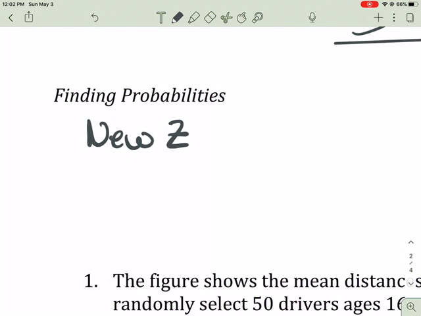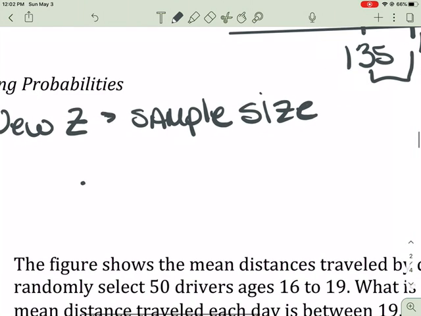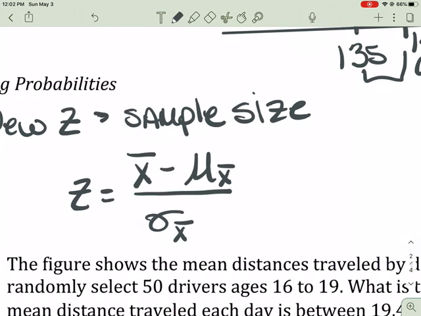So we get a new z, because we have a sample size. If we do not have a sample size, or our sample size is 1, then we use the other one. So z equals the sample mean minus mu x bar all over sigma x bar.